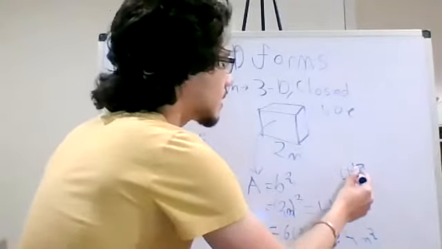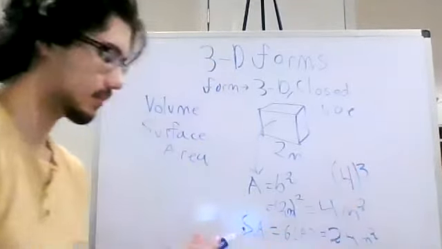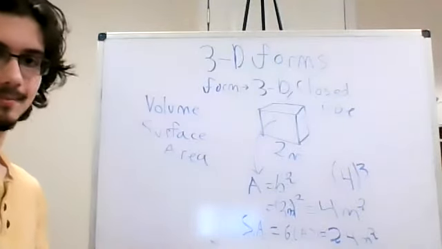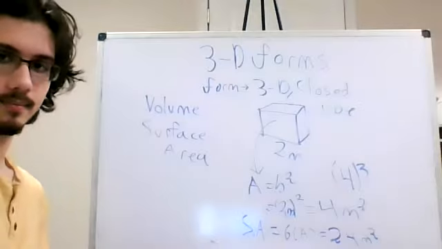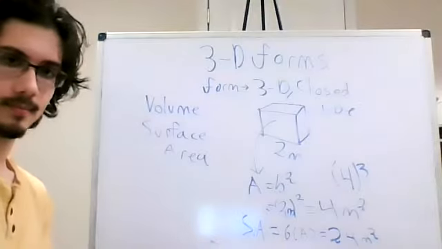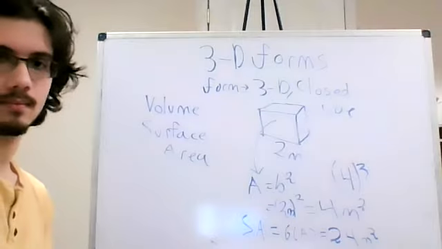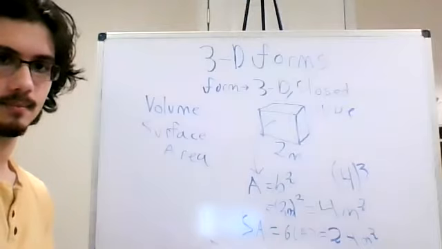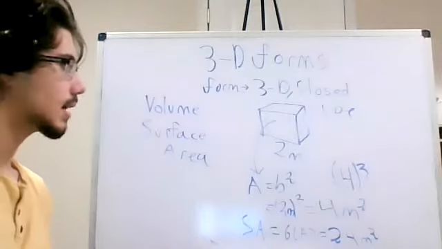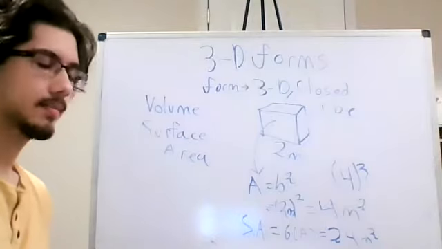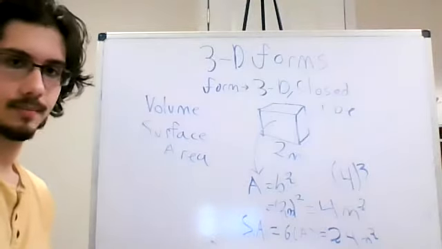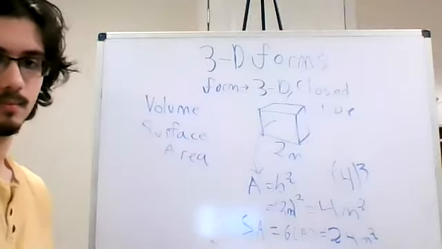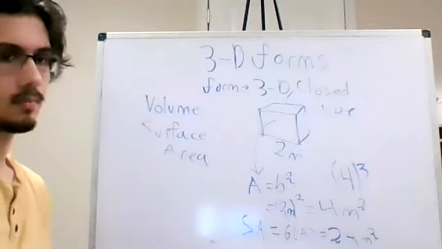Now, Mr. Nathan, what got you to think this? Mr. Nathan, are you there? Yes, sir. Okay, so what made you think 4 cubed? Because the total surface area is 4.